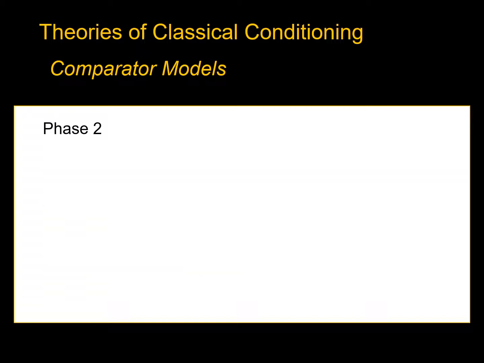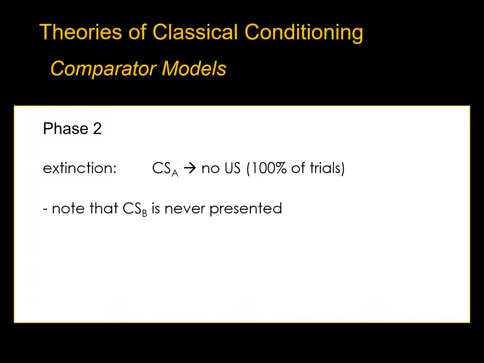Well, now, in phase two, we're just going to present CSA, and we're going to extinguish it. So the light comes on, and there's no shock. The light comes on, and there's no shock. Light comes on, no shock. We're just doing extinction trials, presenting that CS over and over by itself, with no US.